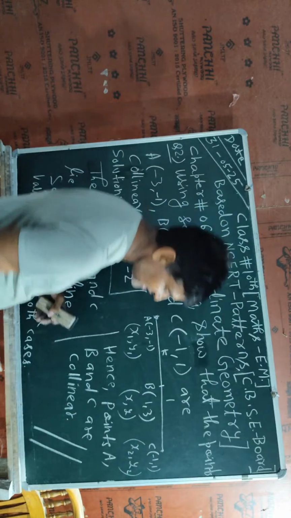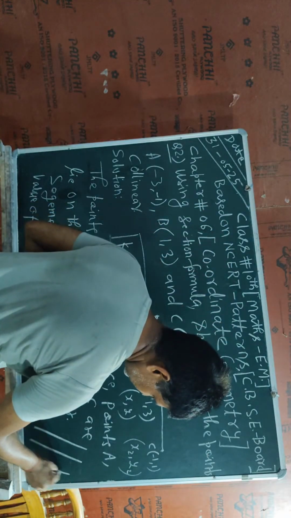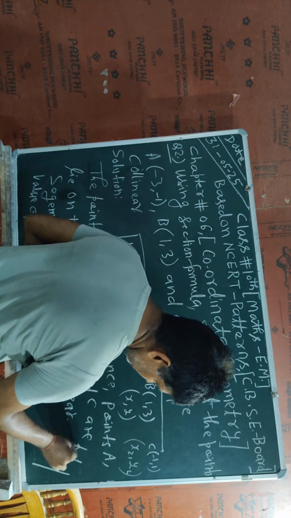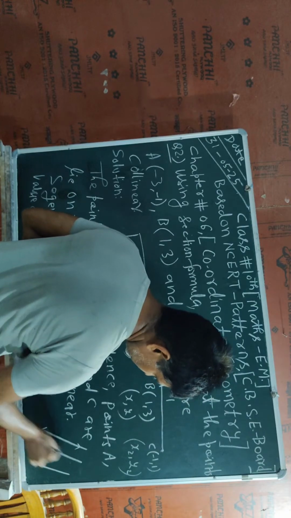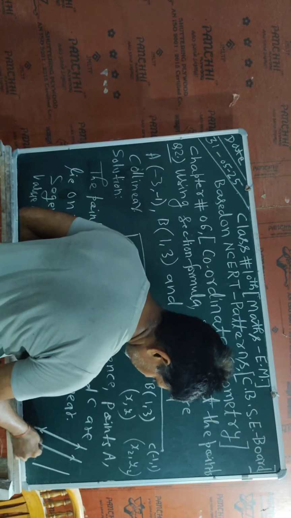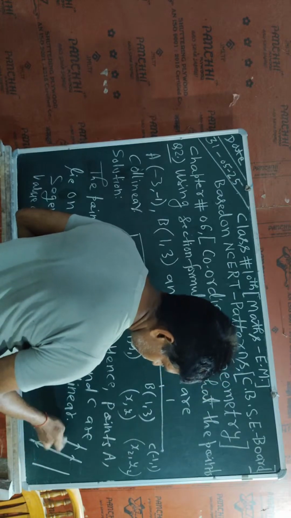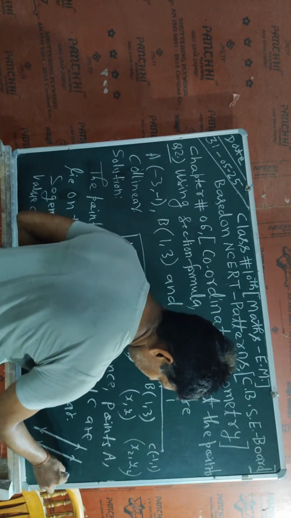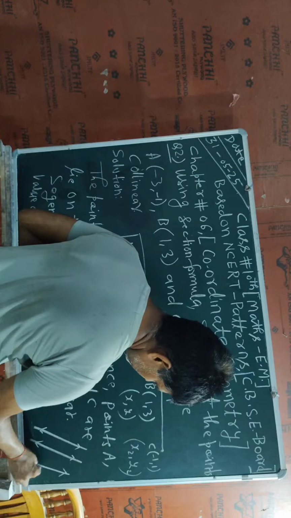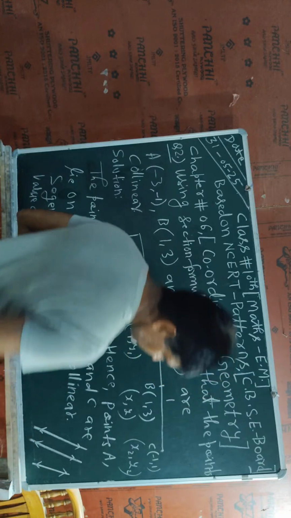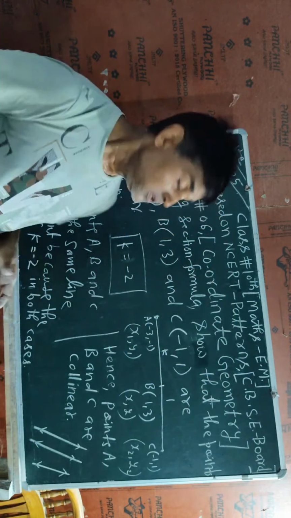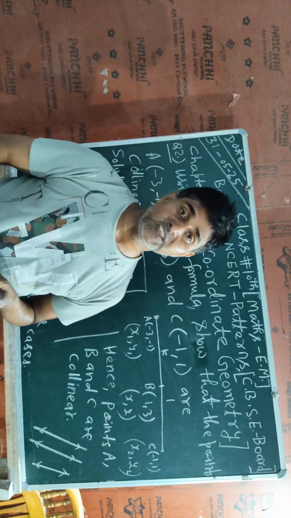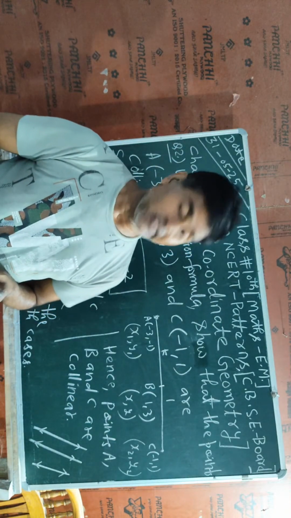In other words, both lines can be in this way. If I put this line on that line, both lines will be like this. So if both lines are parallel to each other, it means the slope will be equal.